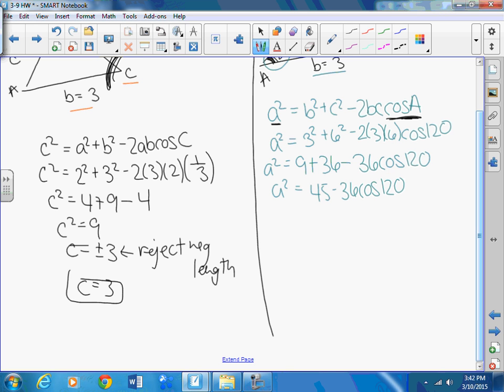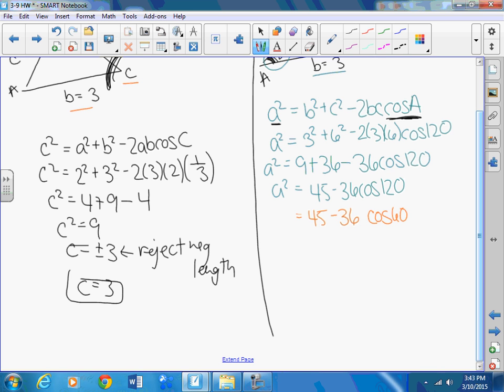Cosine of 120, we can figure out using our special right triangles, because cosine 120 has a reference angle of 60. So I'm going to take into consideration the fact that this has a reference angle of 60.